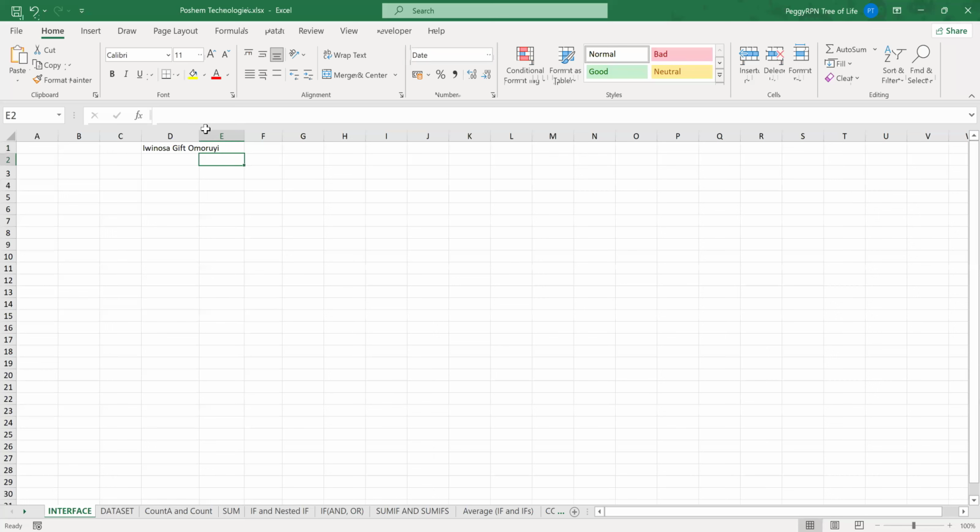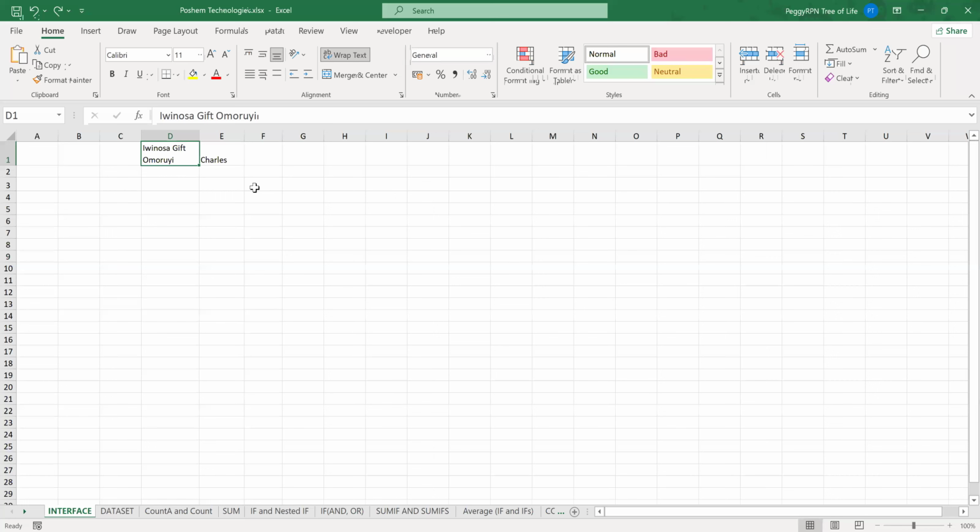Now what I did is that I merged column D and E together. So it says merge and center. All right, let me just undo that.